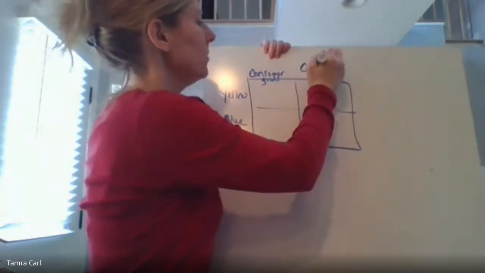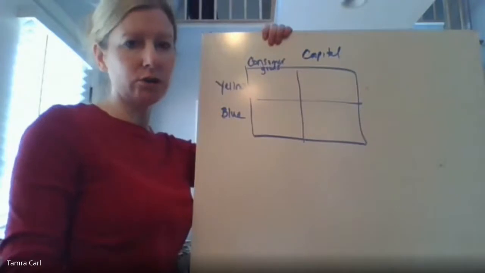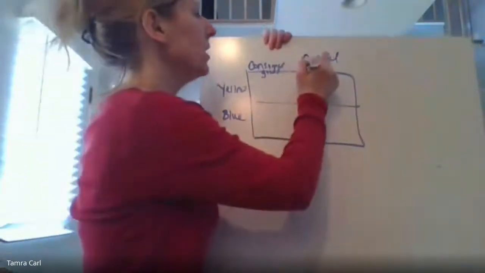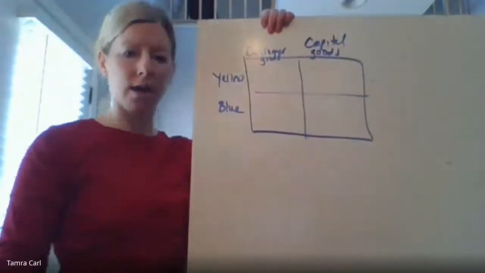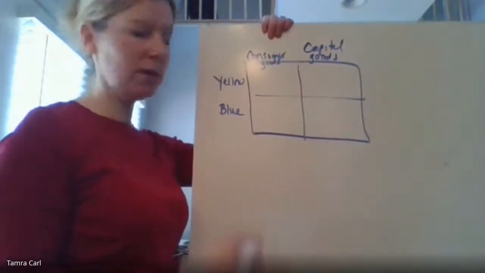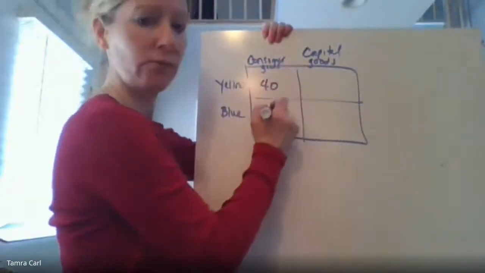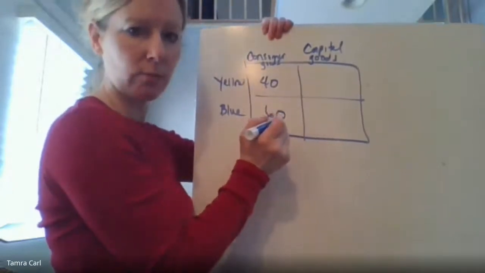AP Micro would be more about good A and good B, or shoes and robots. They would be more specific, or particular items. So for this one, I have the numbers here of 40, 60. I think it's what they can do in 1 day.